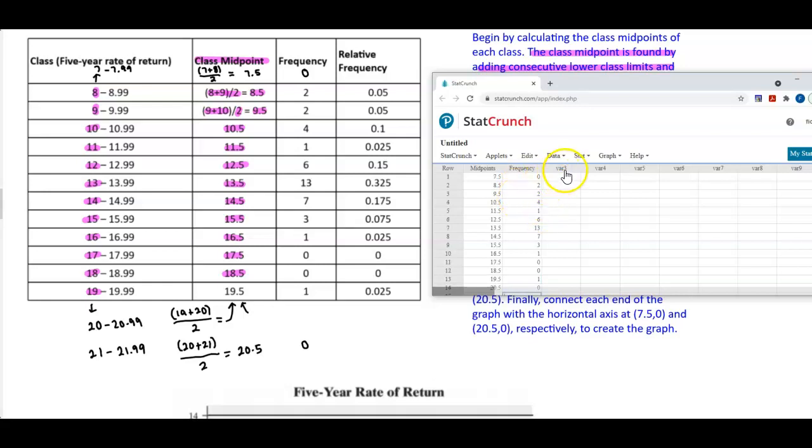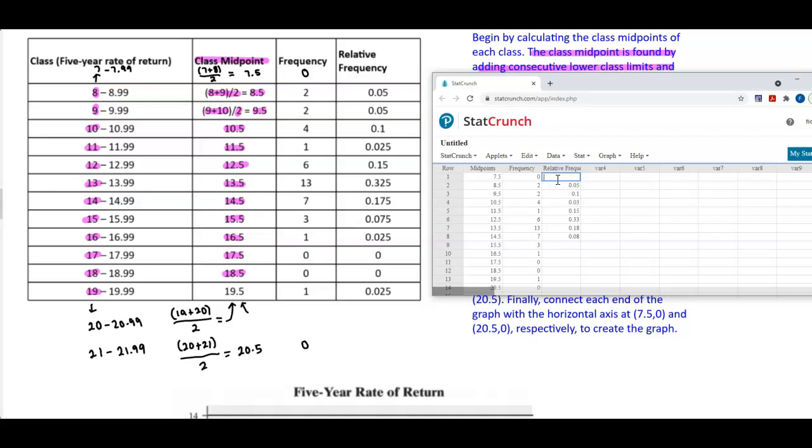So there's our frequency. And let's just put in relative frequency, even though we didn't do that one by hand, but we can at least see what it is like in StatCrunch. So we got 0.05, 0.05, 0.10. We're going to round this to 2 decimal places, so 0.03, 0.15, 0.33, 0.18, 0.08. Okay, and I think I made a mistake there. So we need to shift this down just a little bit.